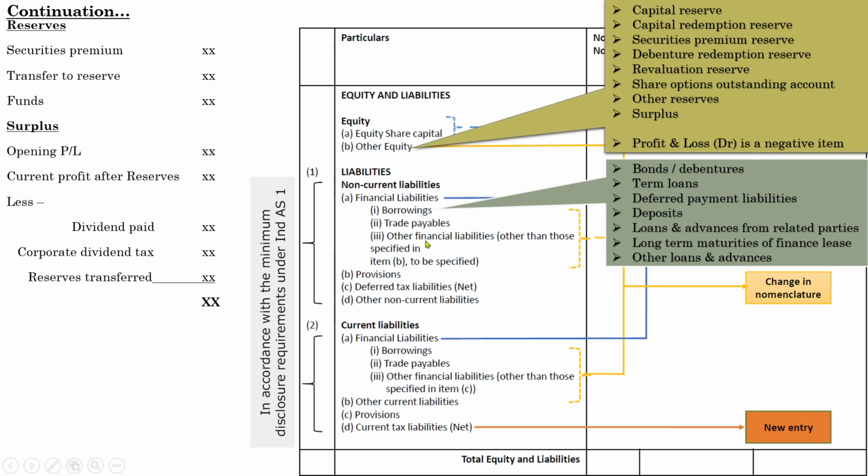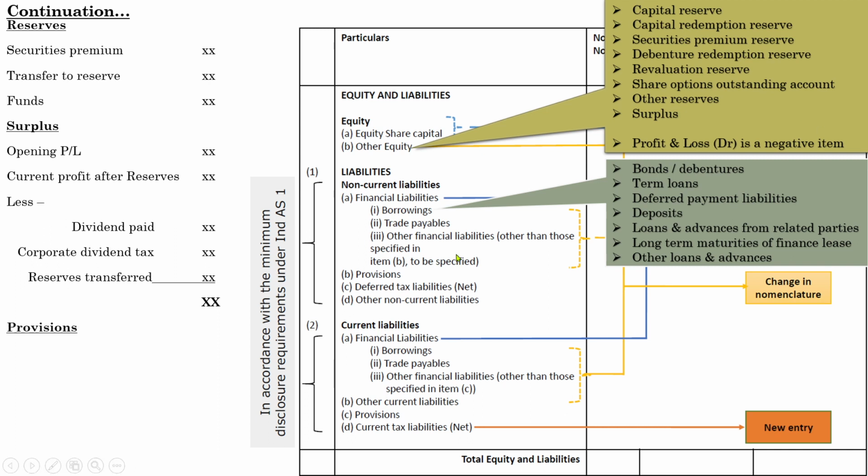After that, other financial liabilities, or we can say other non-current liabilities, that is, non-current liabilities not included under other headings come under this heading. We will discuss that area while dealing with the practical case.